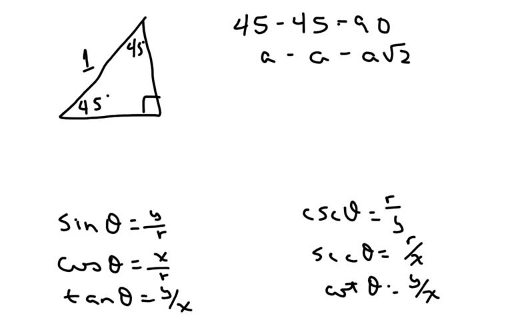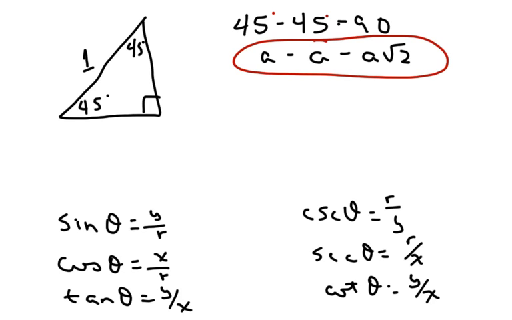Same thing with the 45 degree. We know, you should have already seen the video, or we've done it in class, the formula for the 45 degree triangle. In this case, we know that 1 equals a root 2.